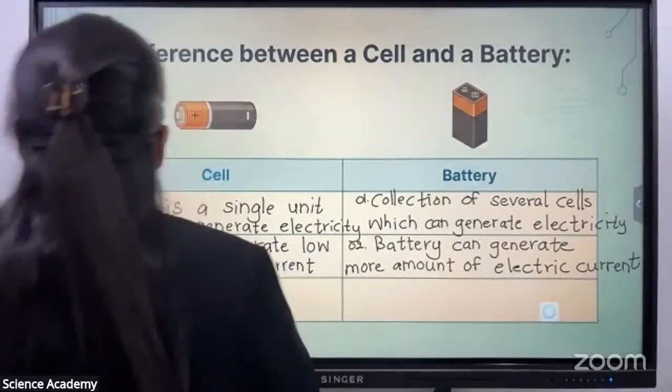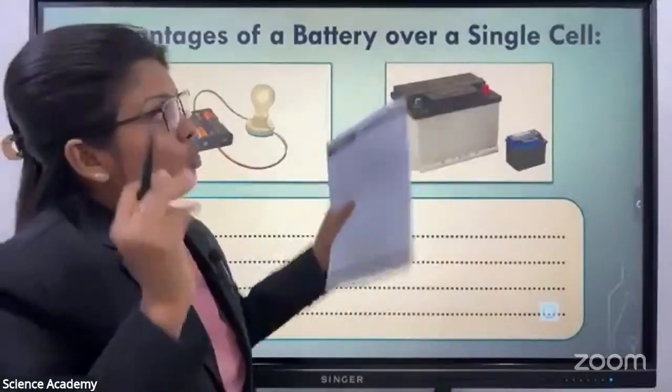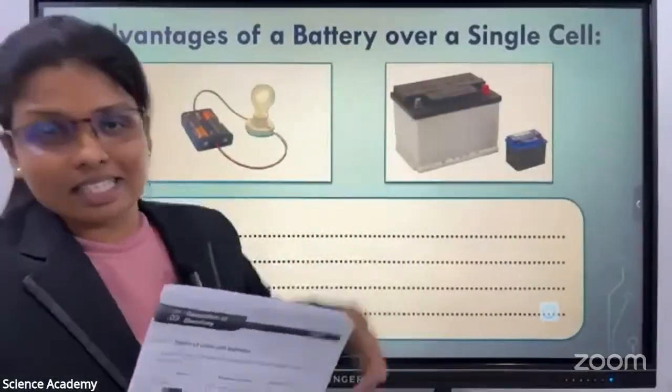So here, on page number 7, I have given the advantages of a battery over a single cell, right?